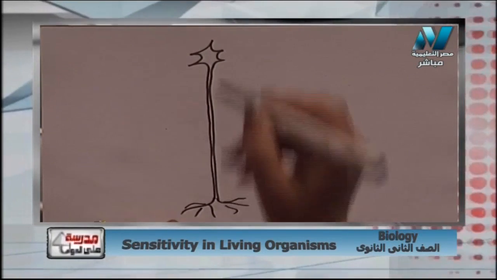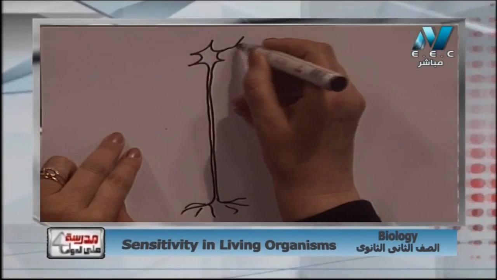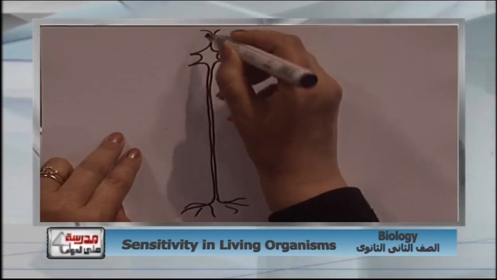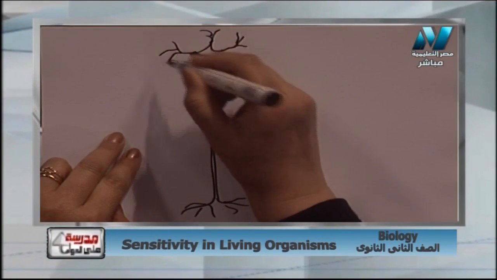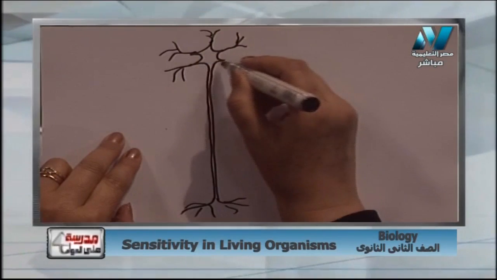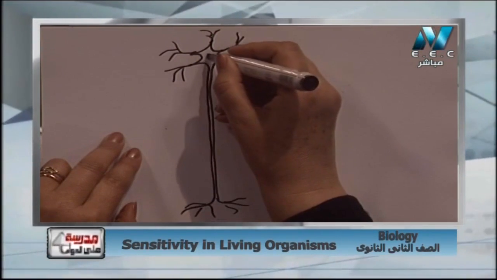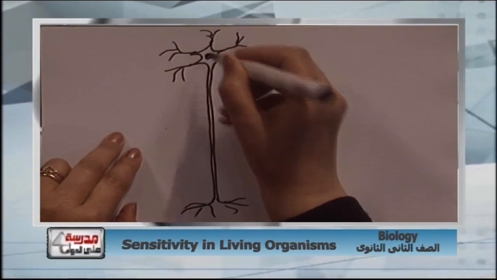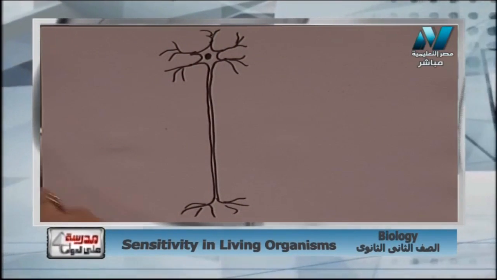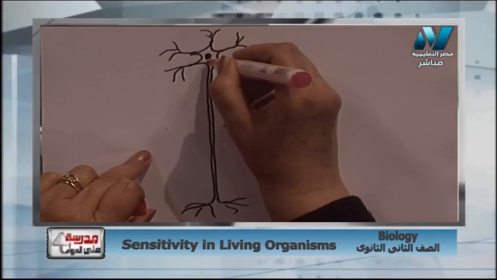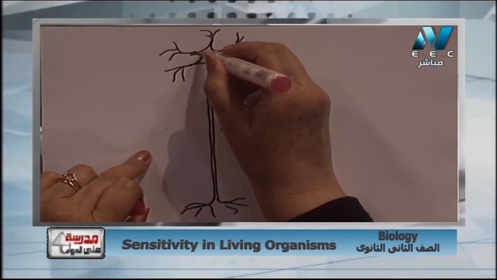The cyton has branches called dendrites, like this, and a big nucleus in the middle, and the cytoplasm is granulated.